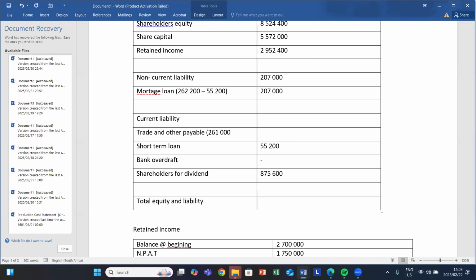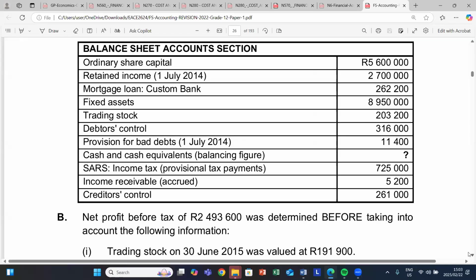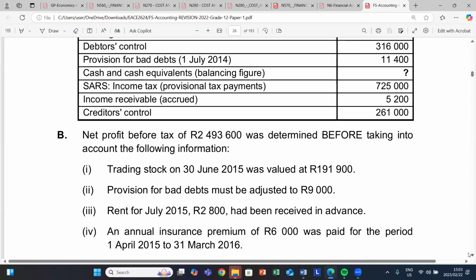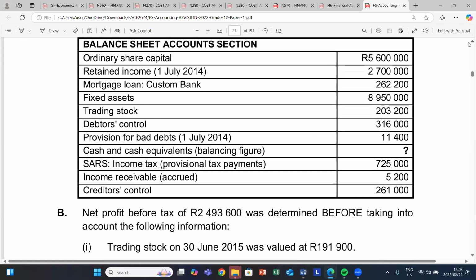Let us check those two adjustments. Do we have accrued expense? Let's check accrued expense in our trial balance, and also your income received in advance.